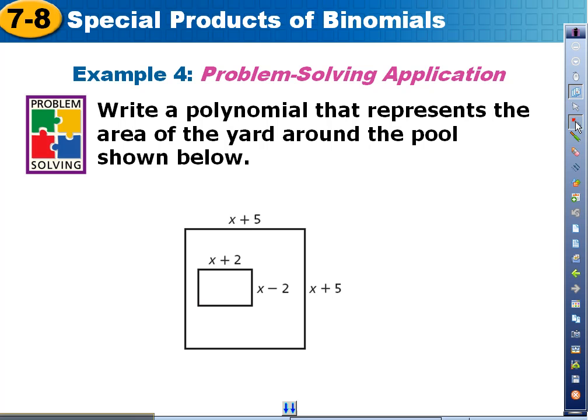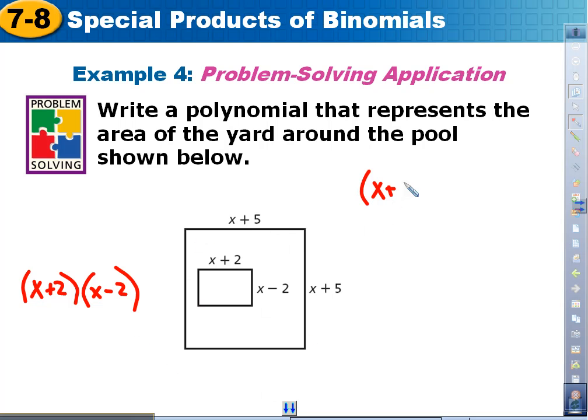That's right. Find the area of the pool. The area of your pool is length times width. Then you're going to find the area of the big square. And then you're going to take the area of the pool and subtract it from the area of the square.